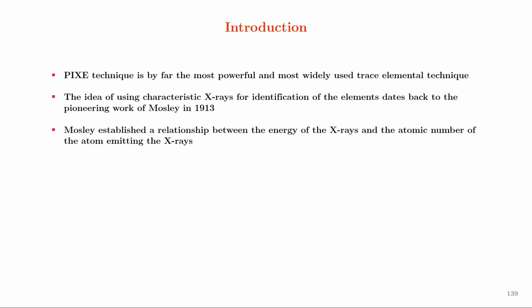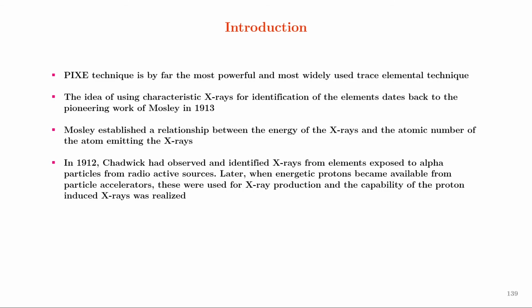Moseley established a relationship between the energy of the X-rays and the atomic number of the atom emitting the X-rays. In 1912, Chadwick had observed and identified X-rays from elements exposed to alpha particles from radioactive sources.